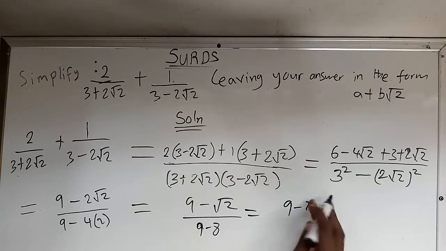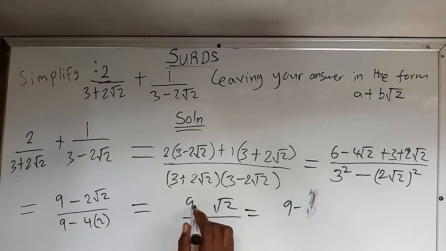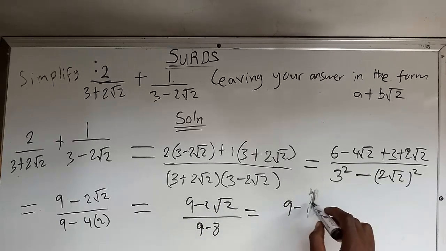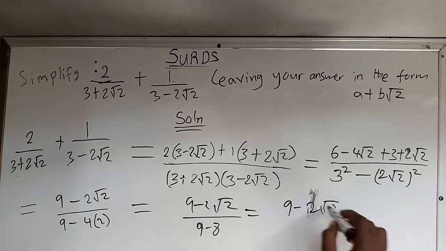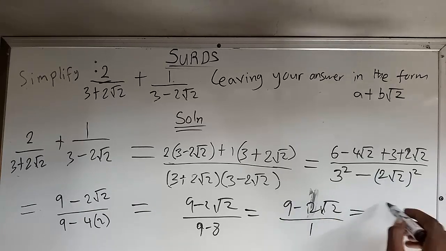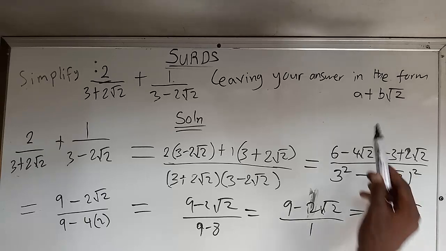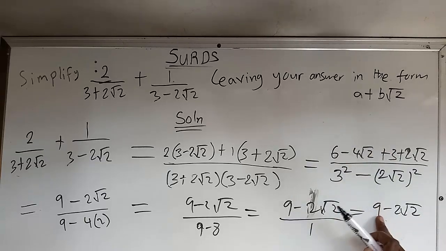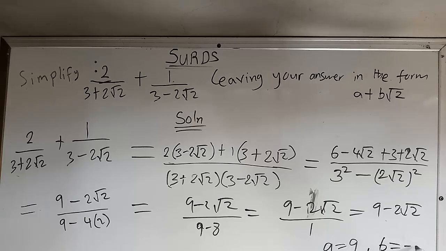So 9 minus 2 root 2 all over 1. So this will give us 9 minus 2 root 2. So a is equal to 9, then b is equal to negative 2.